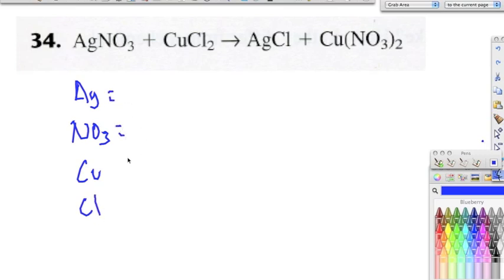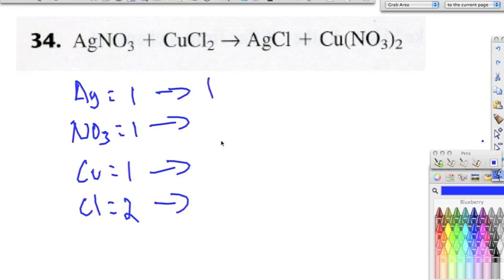Okay, so we're going to go ahead, write what we have on the reactants and the products. Remember, we're looking at the subscript, so we have silver is 1, nitrate is 1, copper is 1, and chlorine is 2. On our product side, we see that we produce 1 silver, 1 chlorine, 1 copper, and 2 nitrates.